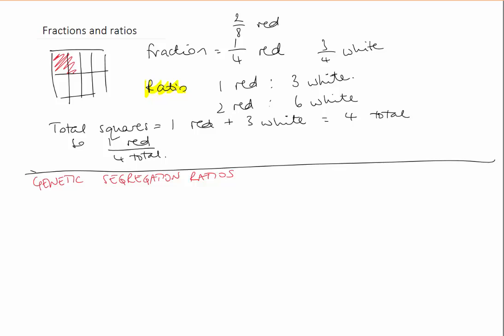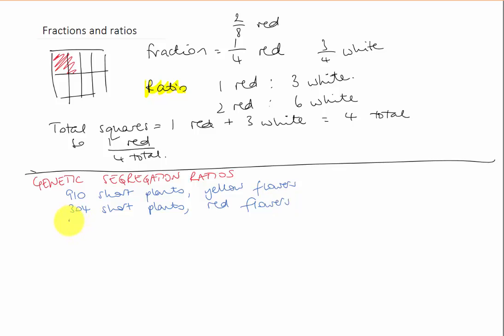So let's imagine we encounter a population of plants where there are 910 short plants with yellow flowers. There are 304 short plants with red flowers.